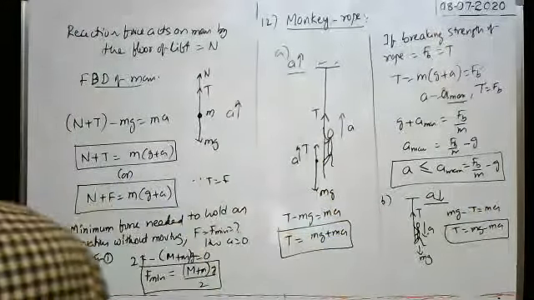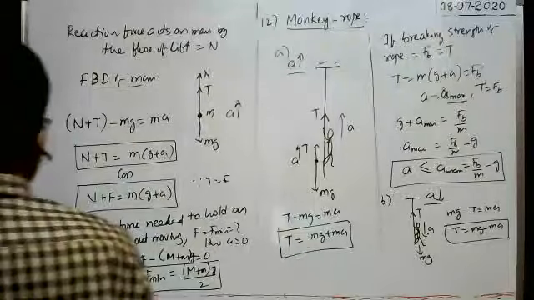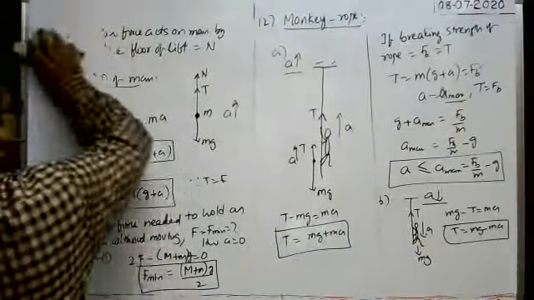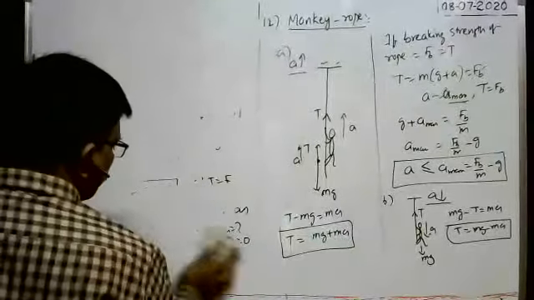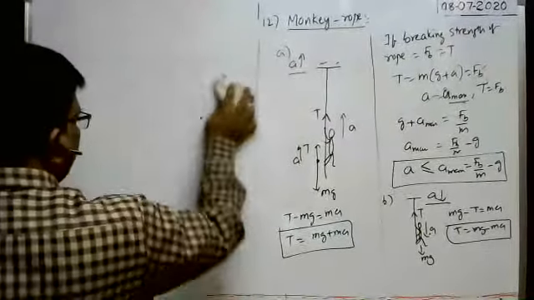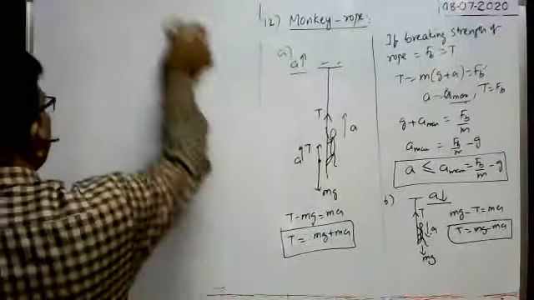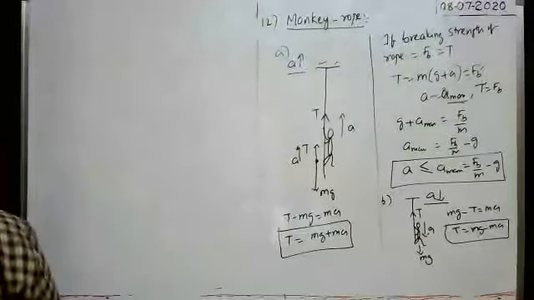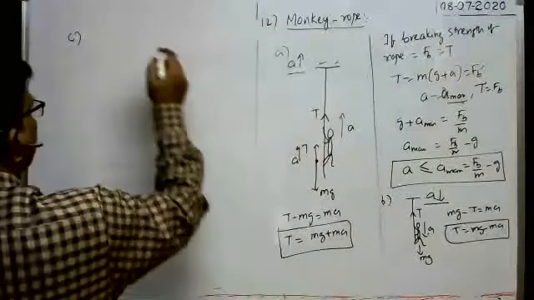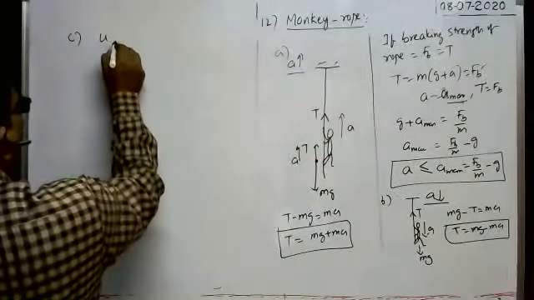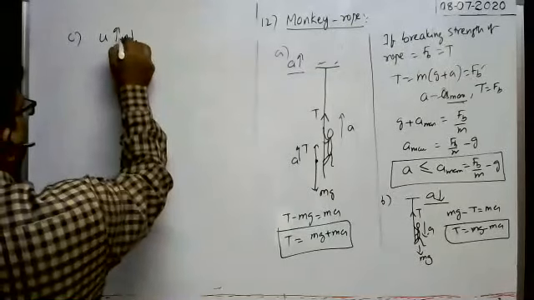If the monkey comes down or moves upwards with uniform speed, in such case the tension of the string is equal to the weight of the monkey. See, all elevator cases are applicable here also, when the monkey moves upwards or downwards with constant speed.